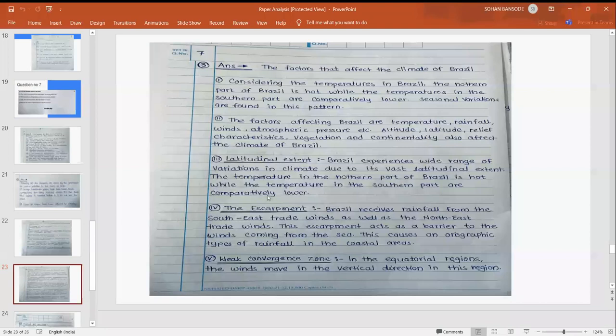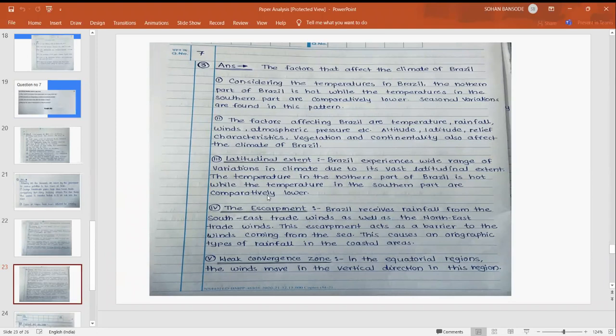The temperature in the northern part of Brazil is hot, while the temperatures in the southern part are comparatively lower. Next one is the escarpment. Brazil receives the rainfall from the southeast trade wind as well as the northeast trade winds.